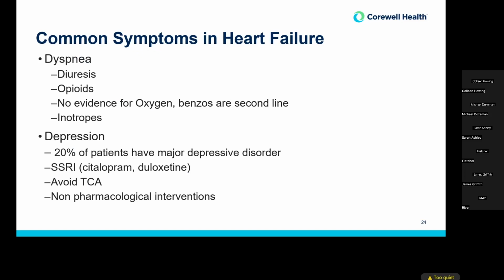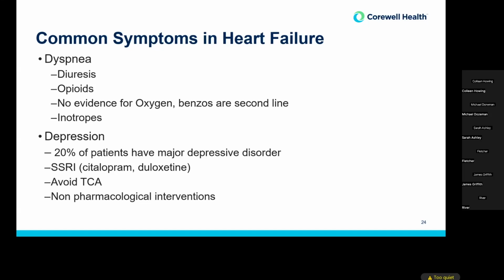Opioids are second line, particularly if patients are not responding to diuresis. There is no evidence for the use of oxygen. Benzos are second line, but you can also use non-pharmacological things like fans and those sorts of things if they're helpful.